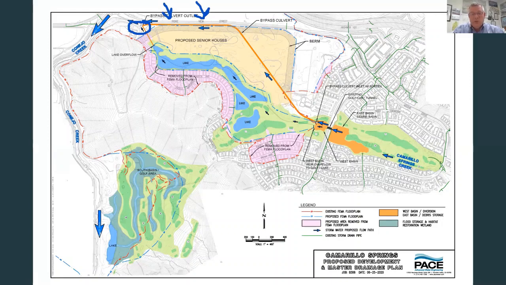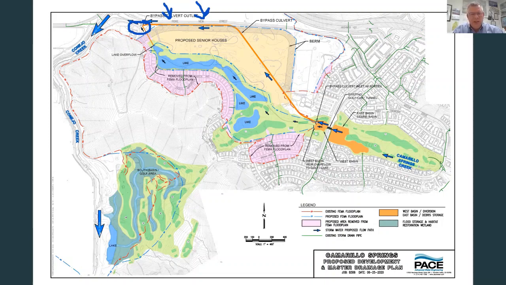doesn't come across Ridgeview, but it doesn't cause an impact, and that's one of the things we spent a lot of time on with FEMA and the county. We use not just one-dimensional hydraulic models, but two-dimensional hydraulic models, state-of-the-art for the industry in computer modeling, to show that there are no adverse impacts to any offsite property owners.